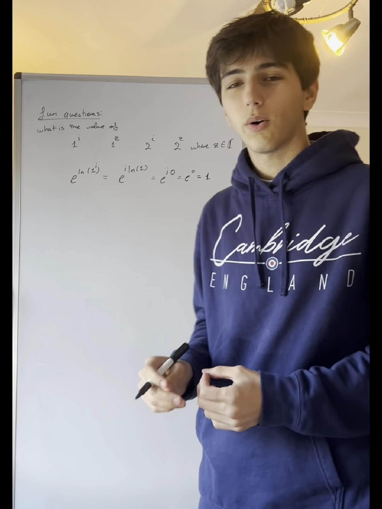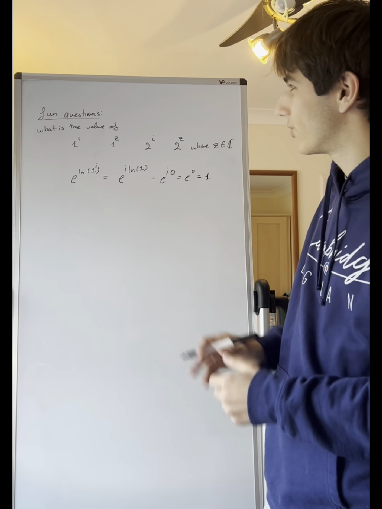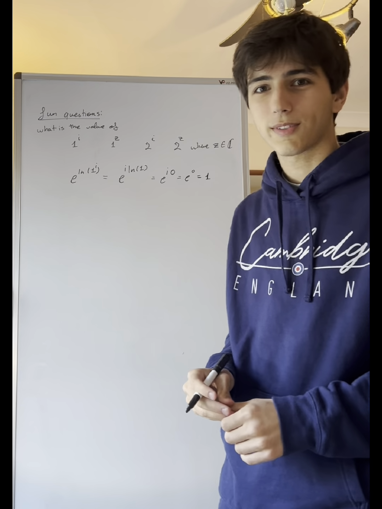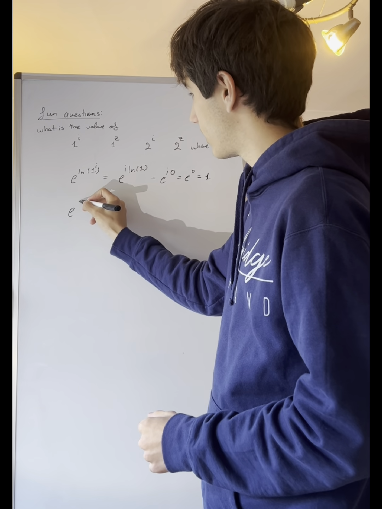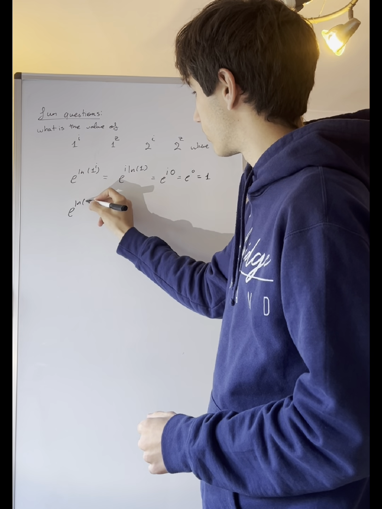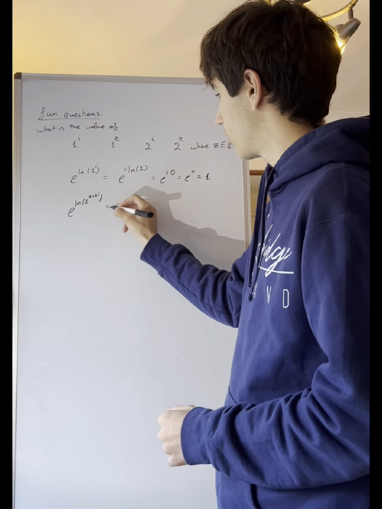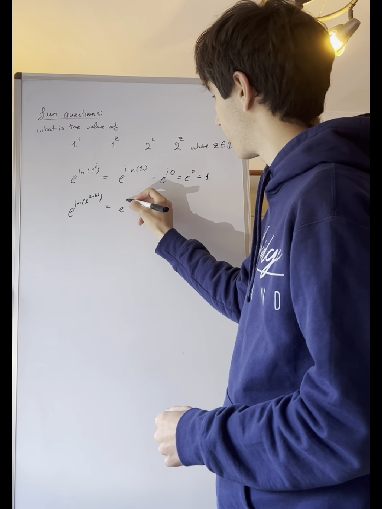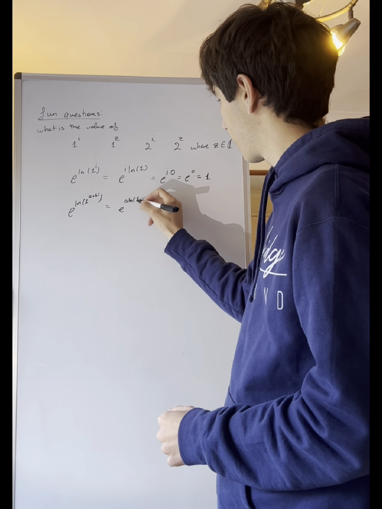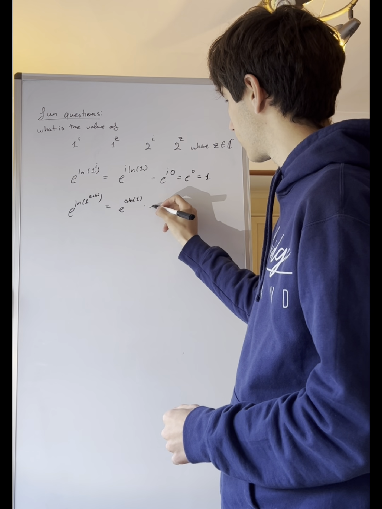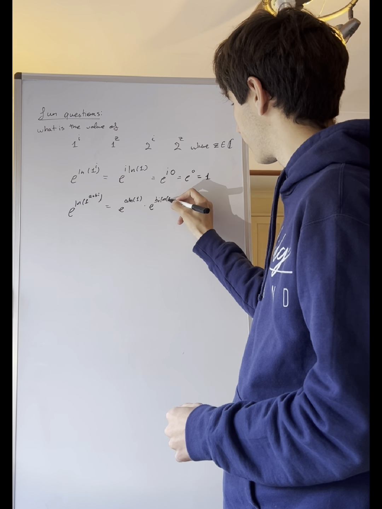So our identity holds for 1 to any power, well, let's do this one next, and then we'll see if it holds. So we rewrite this as e to the natural log of 1 to the a plus bi, which becomes e to the a times natural log of 1 times e to the bi natural log of 1.